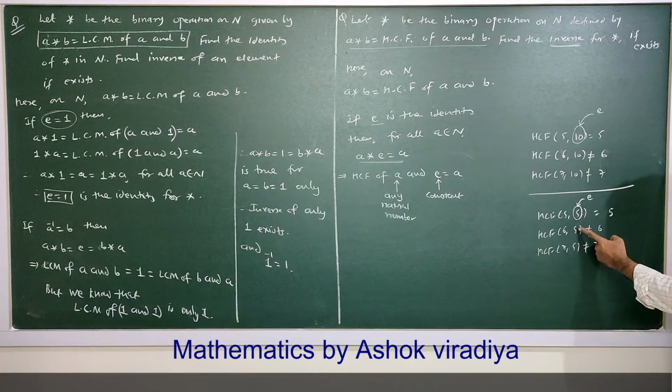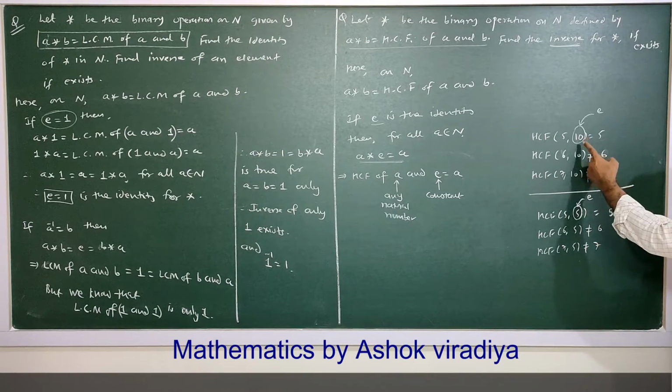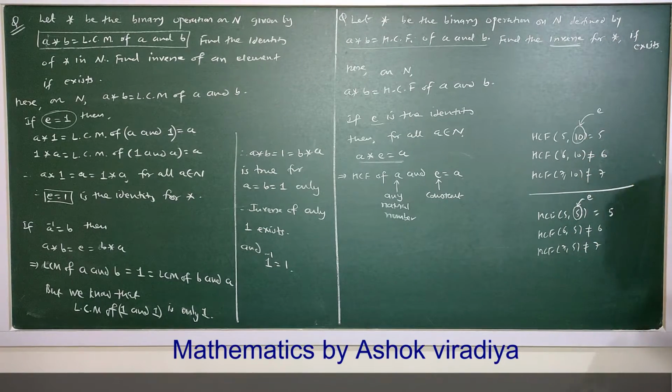So we cannot take E as 5, we cannot take E as 10. So here we don't have any constant E. From one statement it seems that E is 10, from another it seems that E is 5.